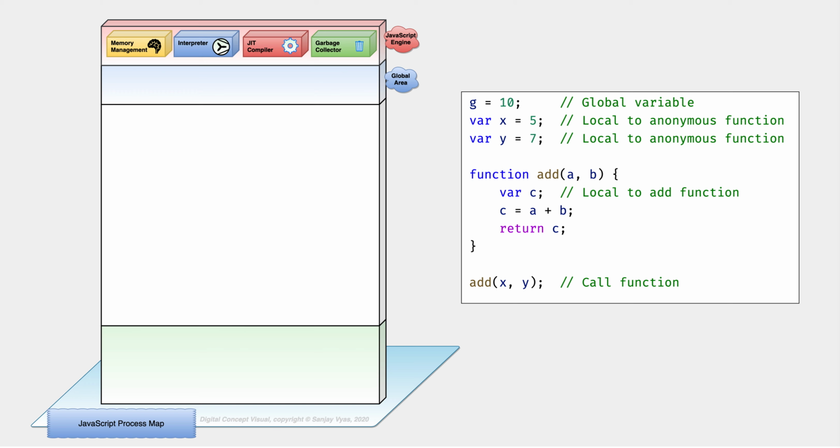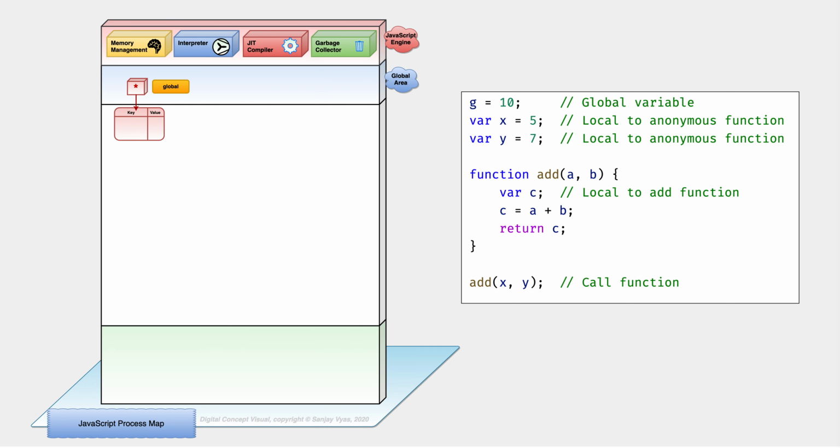So the first variable g equal to 10 is actually stored in the global area, but it's not stored directly into the global area. The global area has a reference or a pointer. All the memory allocation is actually done in a segment called heap.